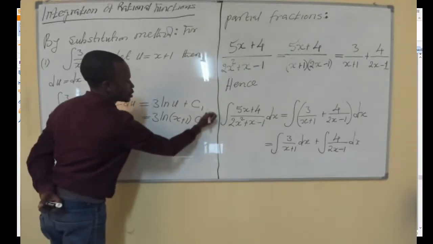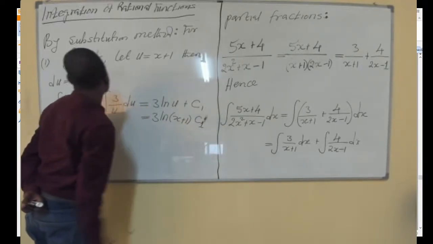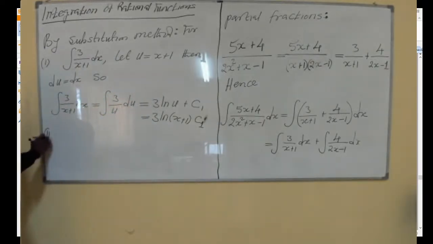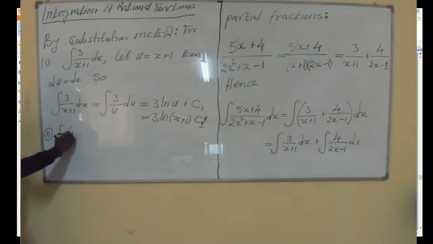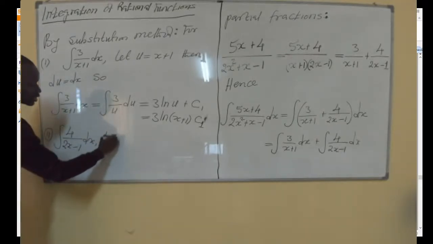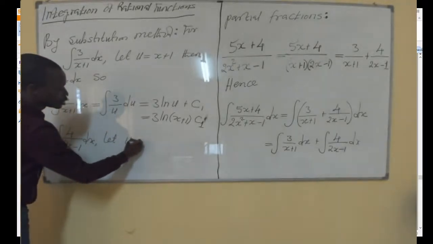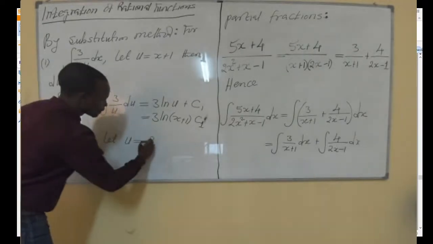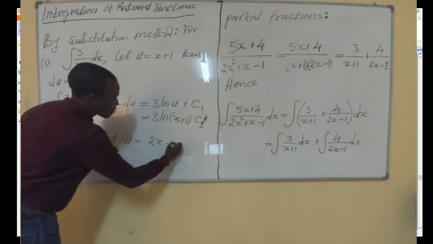Okay. For the integral of 4 over 2x minus 1 dx, we let again our u be equal to 2x minus 1.